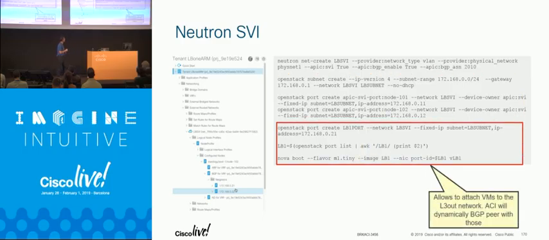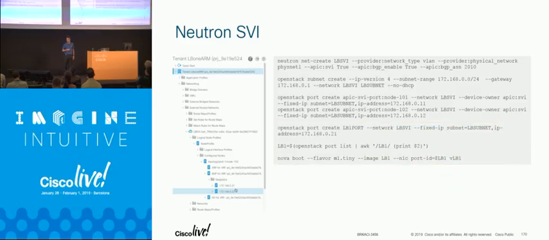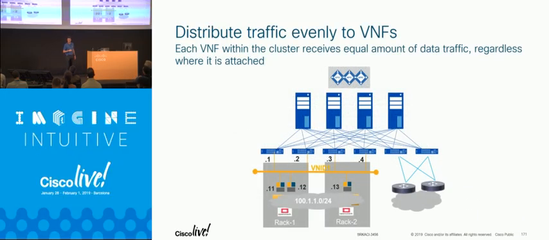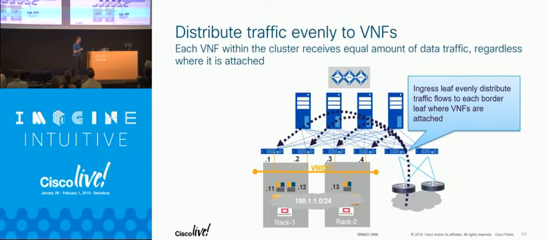And then finally, you can create, for example, in this case, I had a load balancer I wanted to plug into my L3 out. So you create a neutron port there with a fixed IP, and then you spawn your load balancer image and bind it to that neutron port. And that's how we allow that load balancing mechanism.